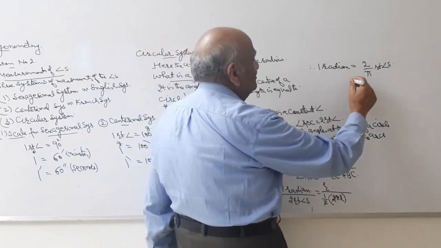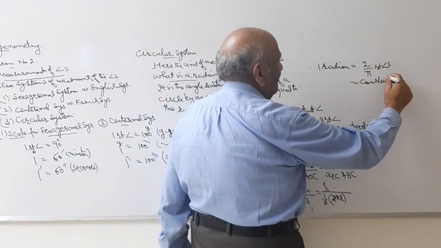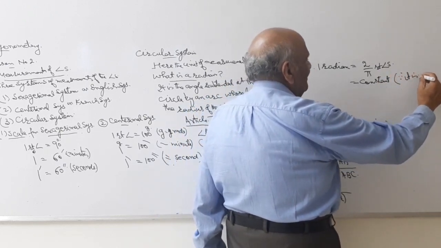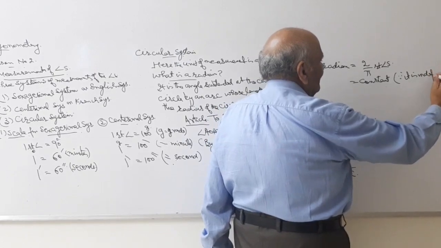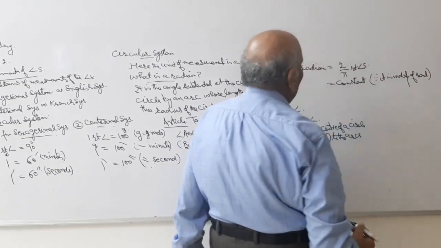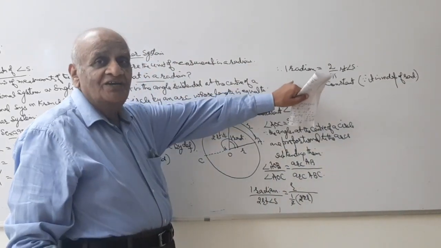This is constant because it is independent of radius. So we say that the radian is a constant angle.